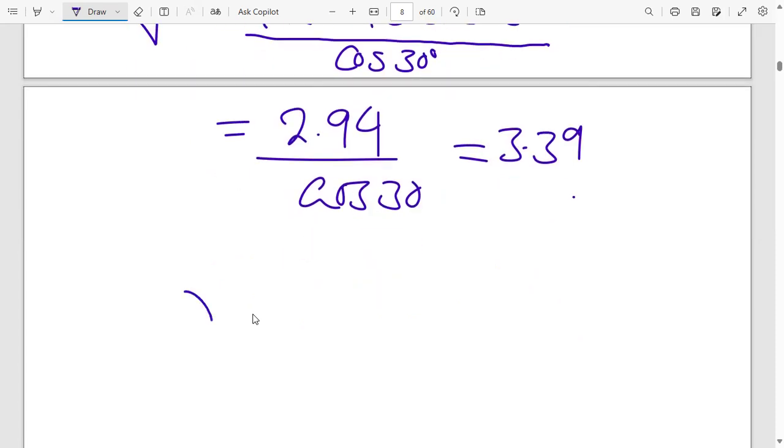So we're going to say our v squared is equal to 3.39.